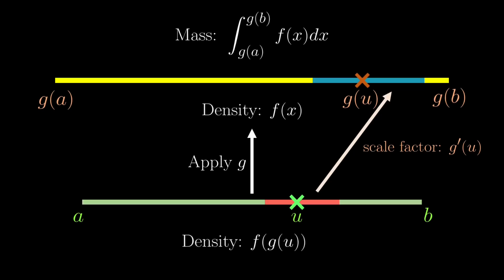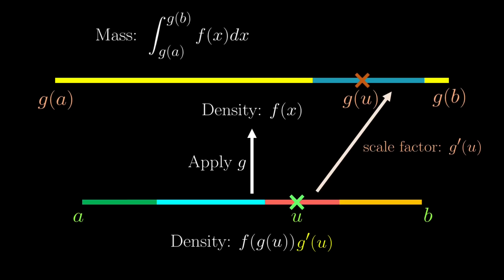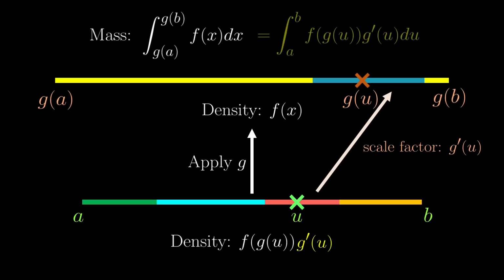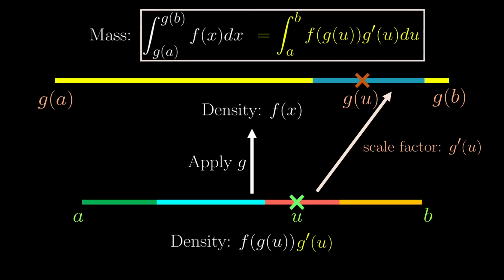So if we add this factor into our density, we can make the two little rods have the same mass. u was arbitrary, and we can do the same thing to the other little rods, and so the mass of the original rod should now be the same as our modified bottom rod, which is this integral on the right. This formula is usually known as integration by substitution, but how does that work in 2D?